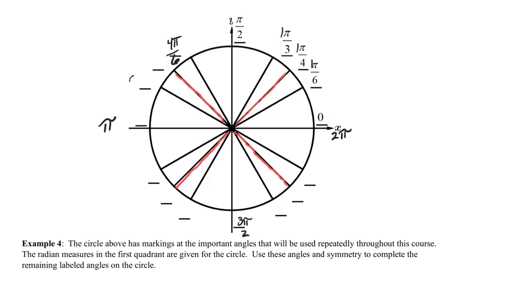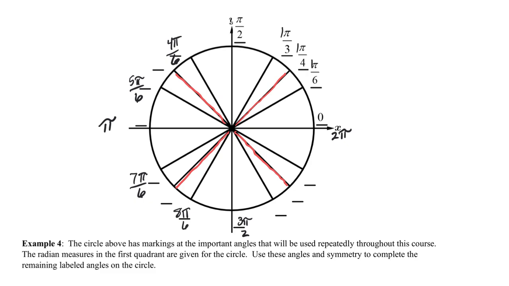So then I got 5 pi over 6. Then I'm here, 6 pi over 6. Well, that's pi. 7 pi over 6. All right? Now we're here, 8 pi over 6.